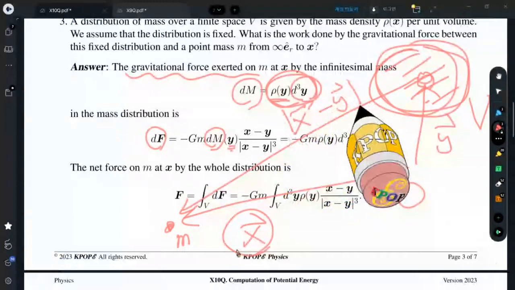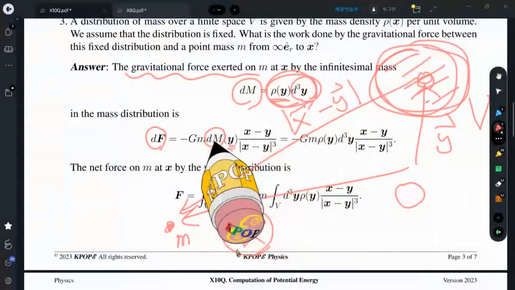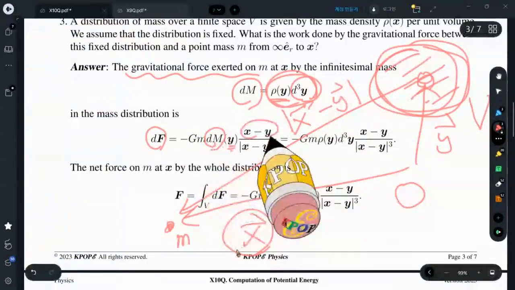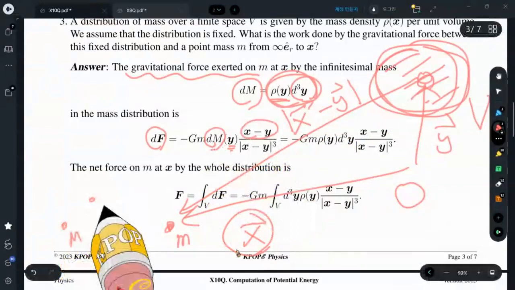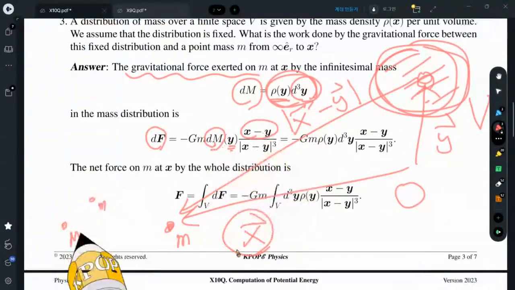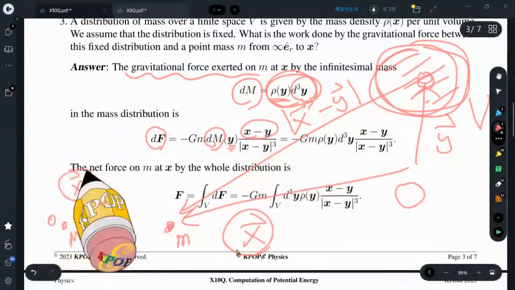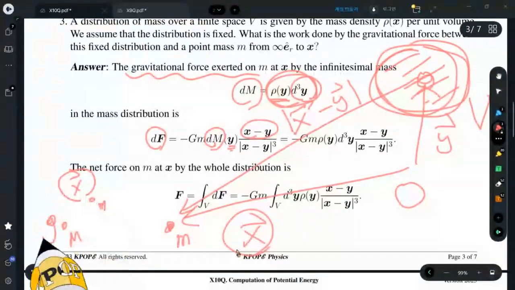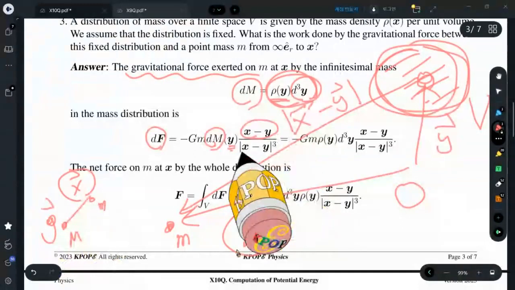I have replaced this capital M with the dm. It used to be x in the point case. It used to be, this one is a 0 vector and x, so I have replaced this one with y, and the difference is x minus y. Magnitude q, that is the absolute value of x minus y.